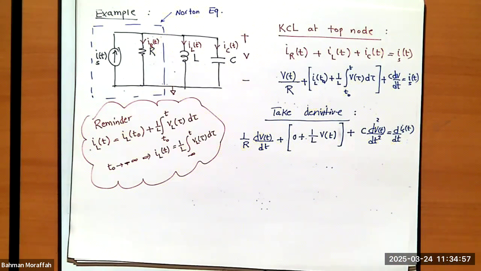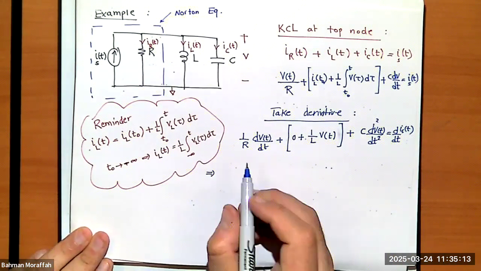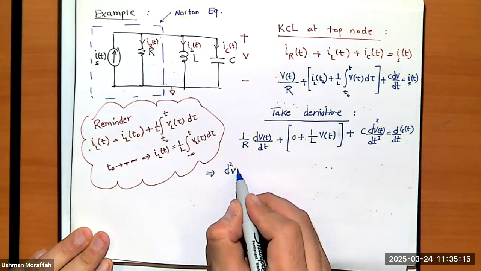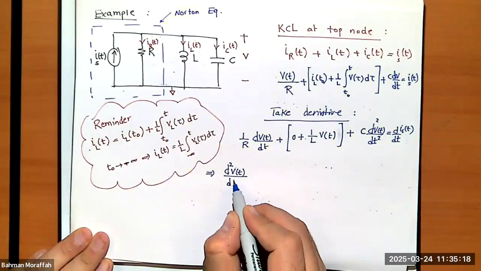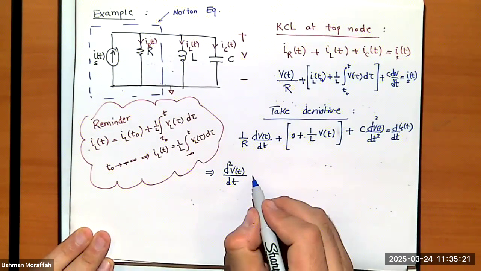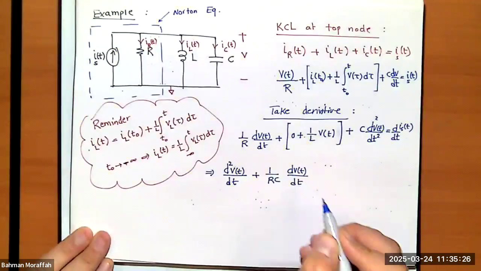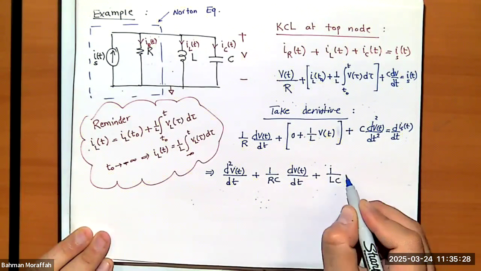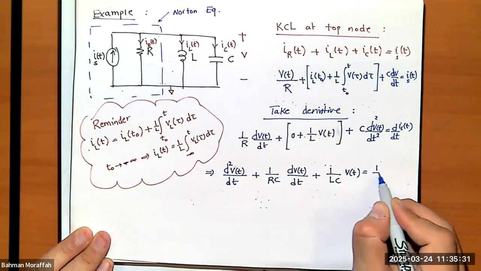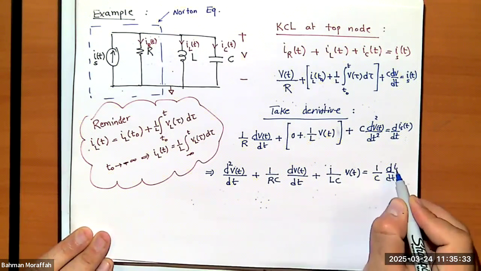Again, I ended up getting a second order differential equation, but I want the leading factor to be 1. So what do I do? I divide everything by C. My differential equation becomes d squared v/dt squared plus 1 over RC dv(t)/dt plus 1 over LC v(t) equals 1 over C d/dt of Is of t.